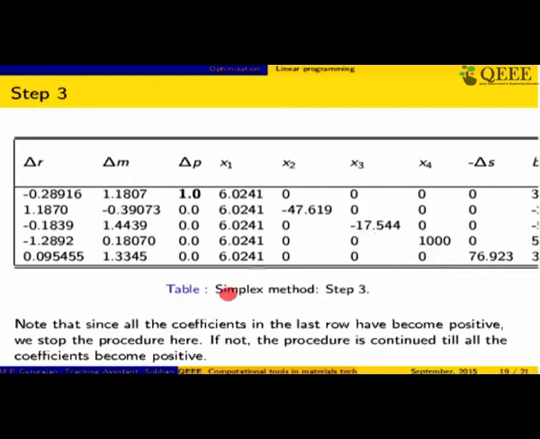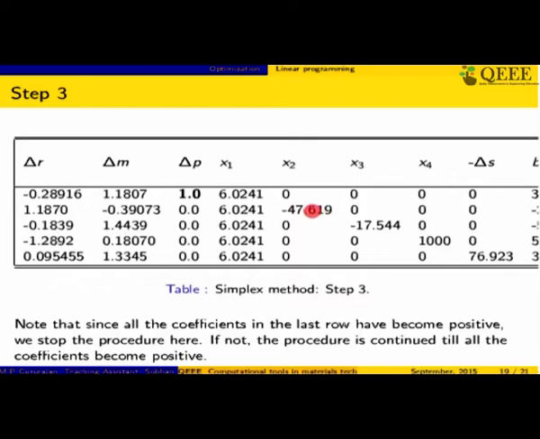Okay, so now the values are given using the right hand side values, for example, minus 207.98, right? So delta P itself has become 30, and minus 47.619 equal to minus 207.